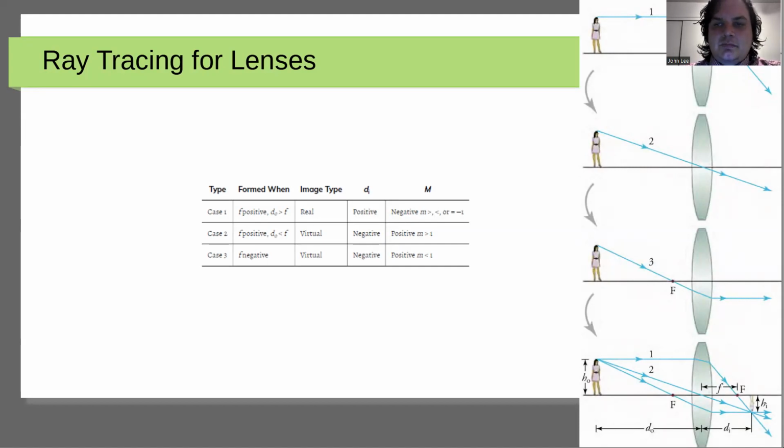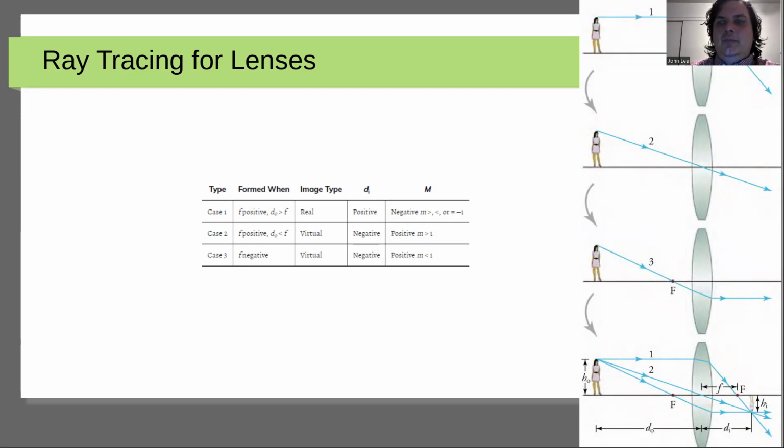So that's basically it for how lenses work, but I realized that I've been kind of dancing around the idea of what an image is. So one way to do that is to do ray tracing for lenses.